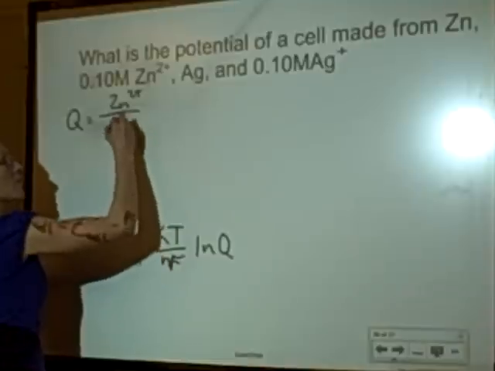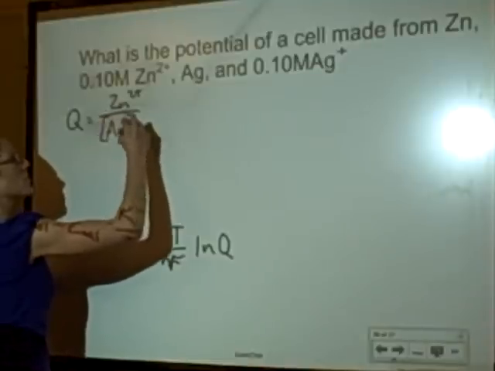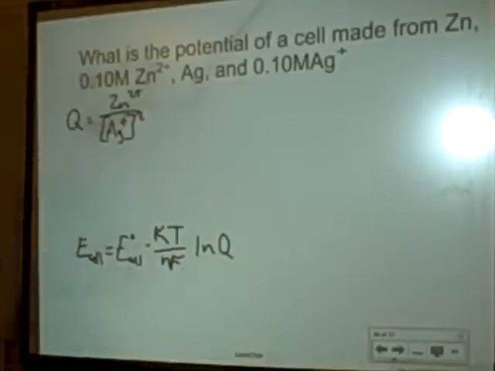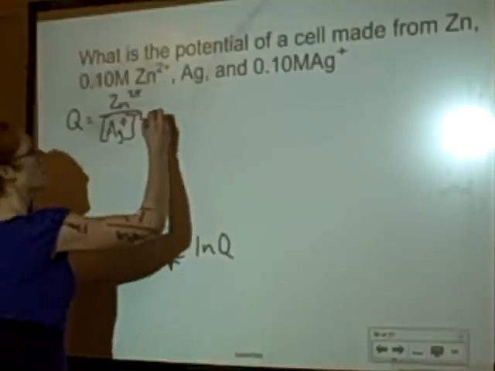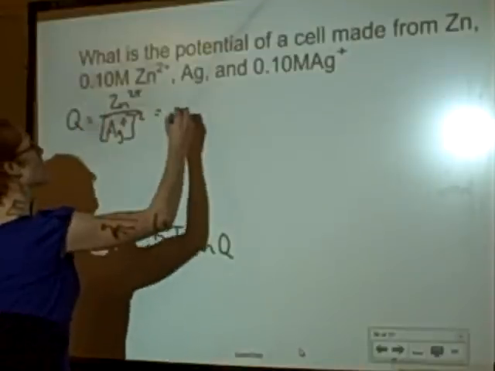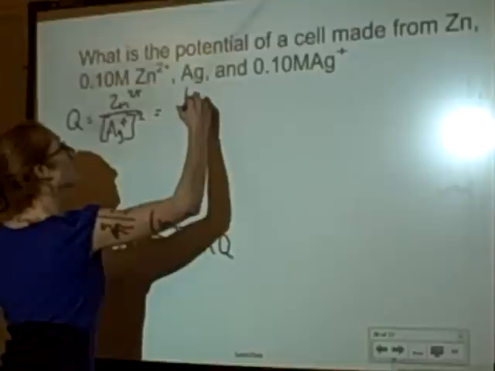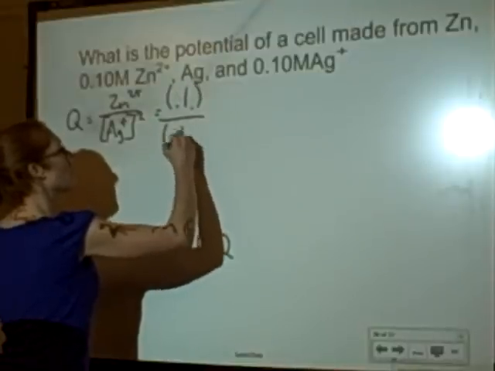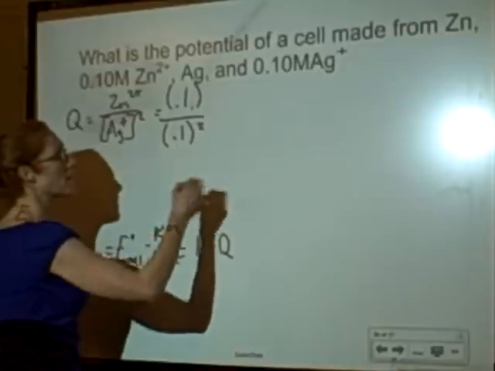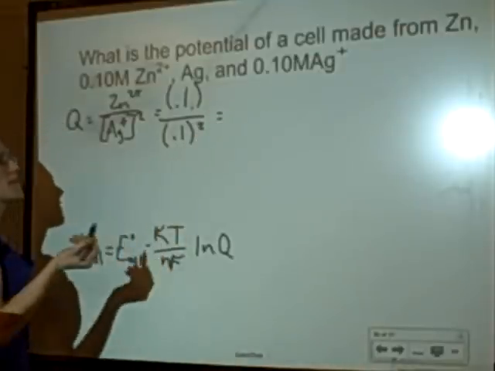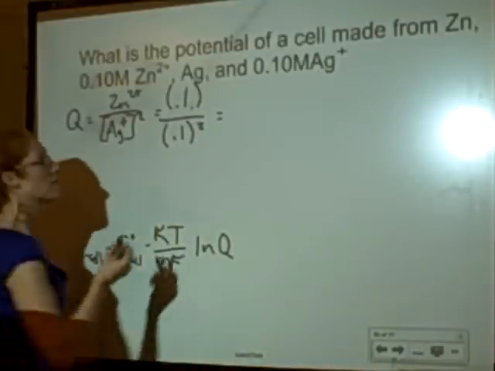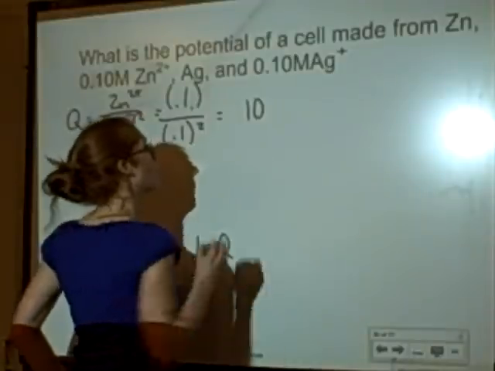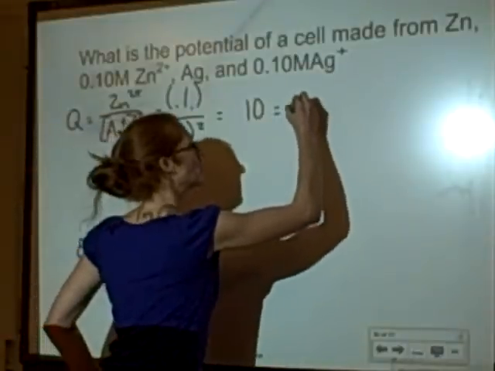There were 2 silvers, so I take that silver plus and I raise it to its coefficient, 2, and then I go ahead and plug some stuff in. So it was 0.1 molar of the zinc, and it was 0.1 molar of the silver squared. All right, so it's going to be 1 over 0.1, so it's going to be 10. All right, so 10 is my Q.